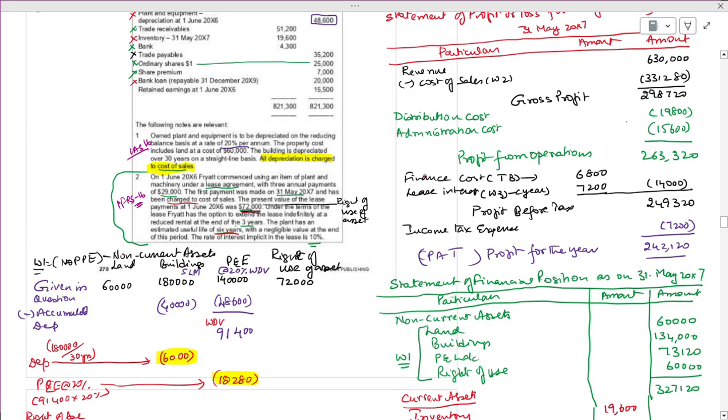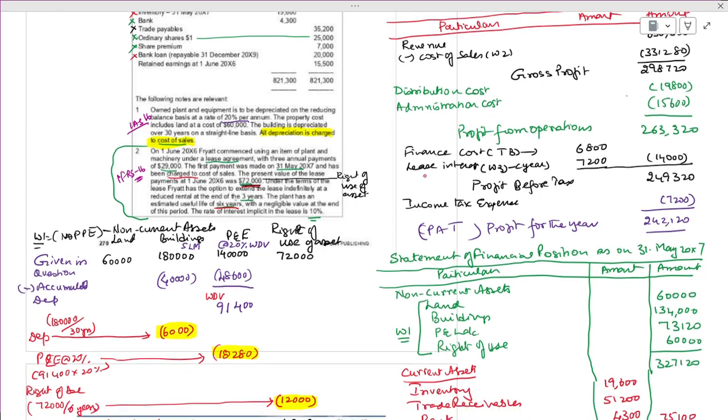That is the reason we have taken 29,000 in the cost of sales. The present value of the lease agreement is 72,000. Under the lease, there is an option to extend the lease. How much life is there? 6 years. Negligible value at the year end.